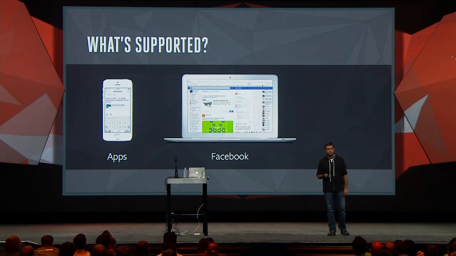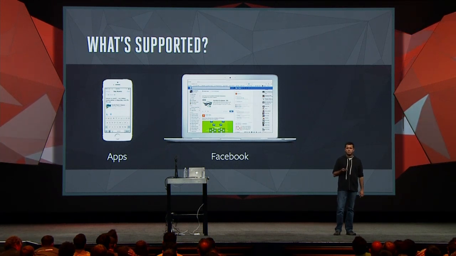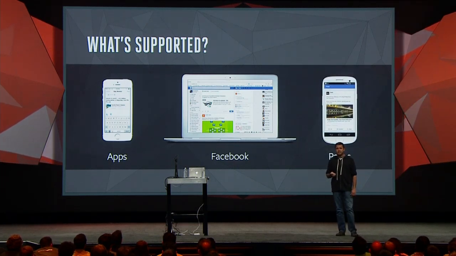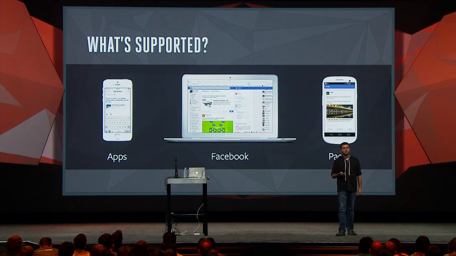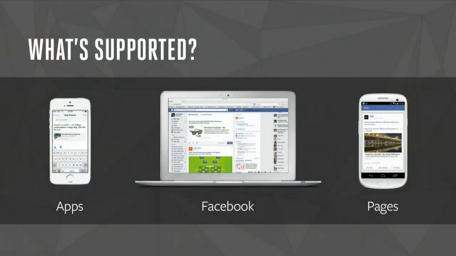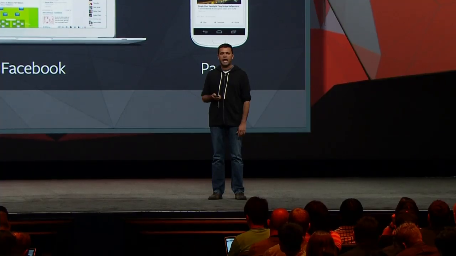Let me give you an example. If a person copy-pastes a URL directly into the status update, that will just work. And finally, links that are shared via page post stories are also supported. I think you're beginning to see the pattern here. We are trying to make it easy to support all possible forms in which people can share your content back to Facebook. Most of these URLs will be app link enabled.